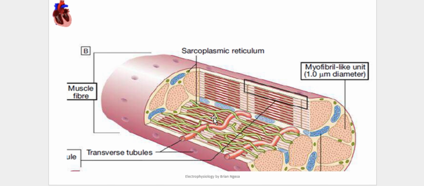Maybe the most important thing for us to note is these transverse tubules, and also this myofibril, or we can talk of the contractile units. So that means within one muscle cell, or within one cardiomyocyte, we should be having a specialized arrangement of the myosin and actin.